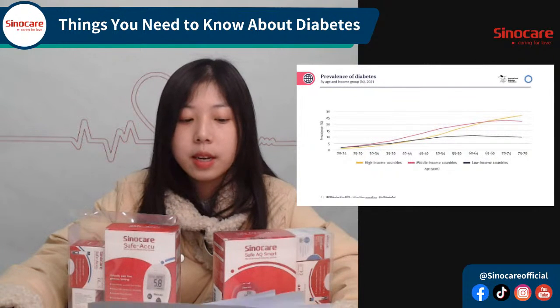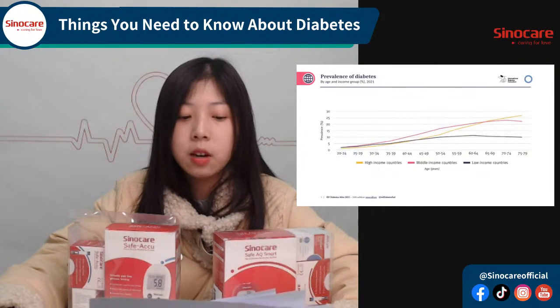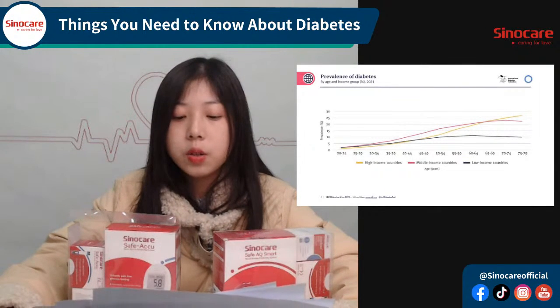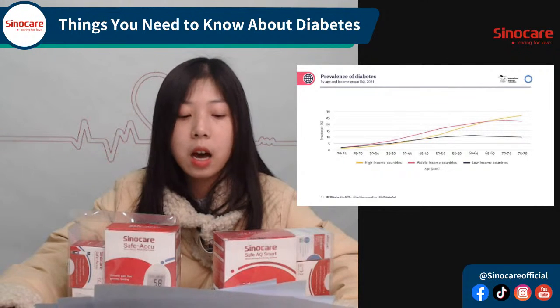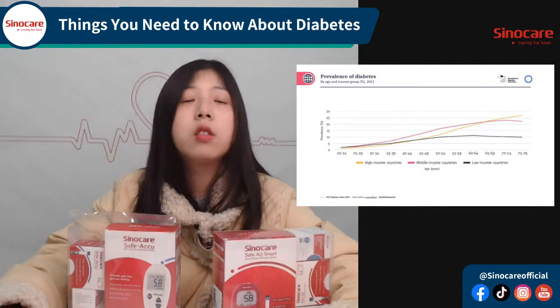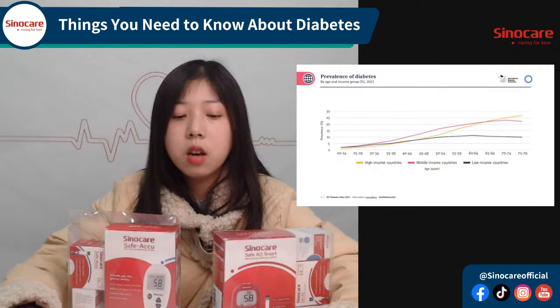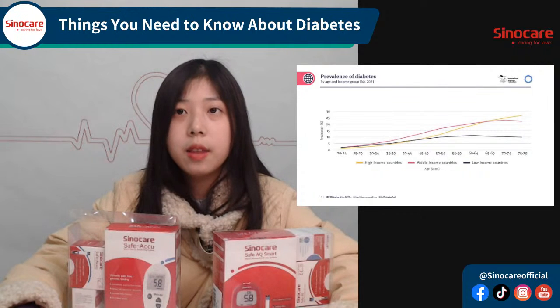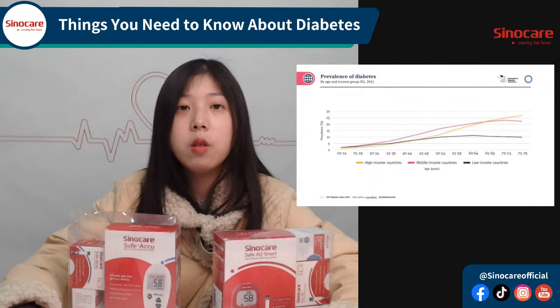And this PowerPoint shows that low-income countries have a lower prevalence of diabetes in the 40 to 80 age groups than middle and high income countries, because so many people in low income countries have meals and foods that include high carbs, right?